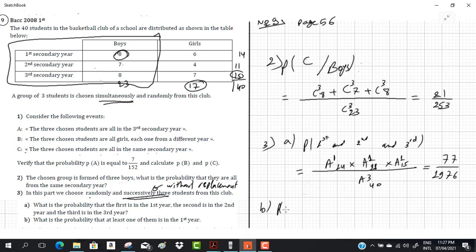At least one of the first year, we will call event D: one in the first year and the others are not, or 2 in the first year and the remainder one is not, or the 3 in the first year. This is right but needs some calculation.